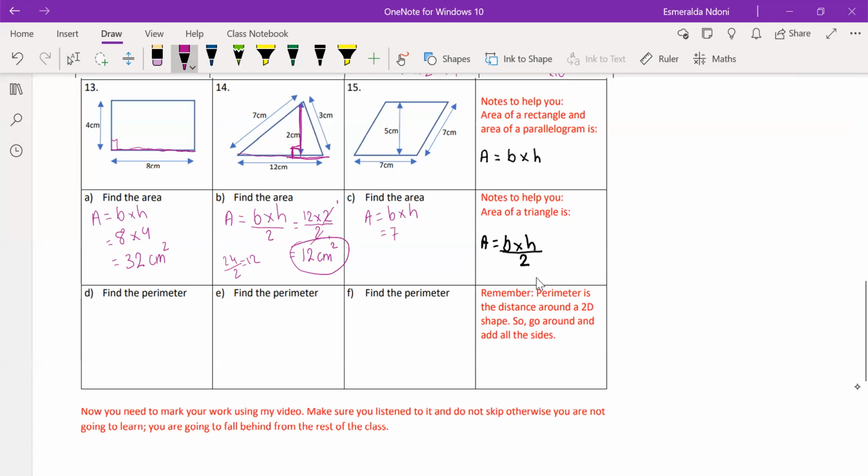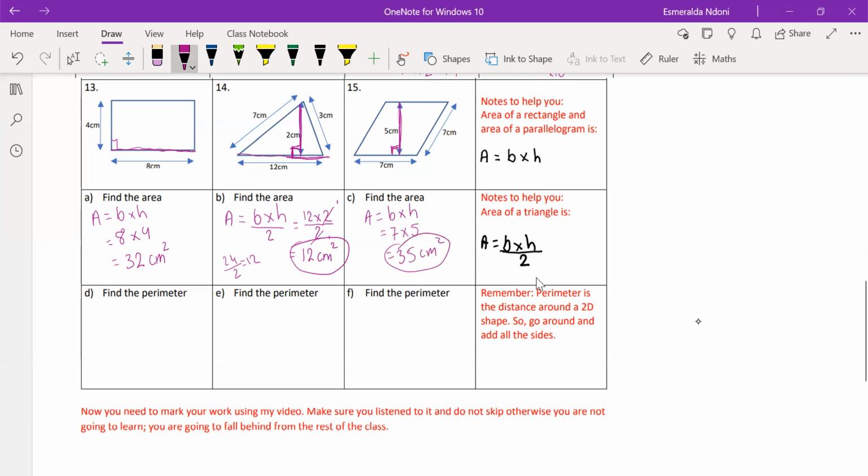Base is 7. Height, don't get confused, is the one standing straight. It's not the other one. This one meets the base at 90 degrees. This other one is there to just confuse you. So 7 times 5, and that's just 35 centimeters squared.